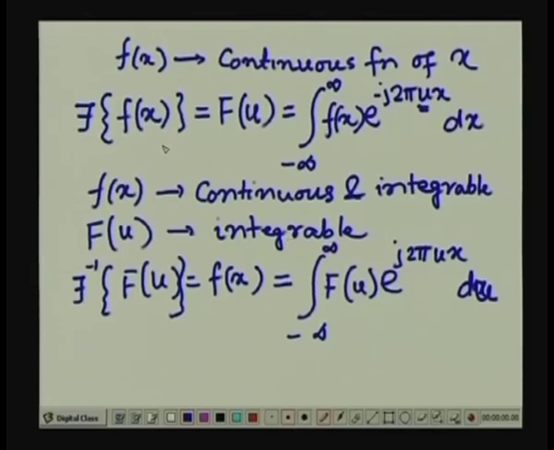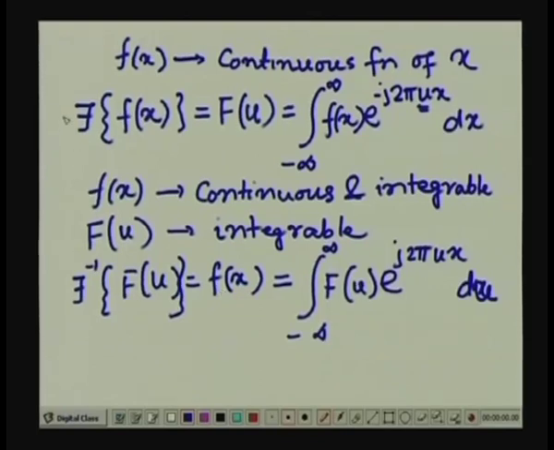So, from f(x) using this integral operation we can get the Fourier transformation F(u), and if F(u) is integrable, then using the inverse Fourier transformation we can get back the original continuous function f(x).